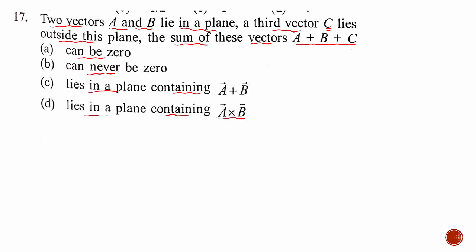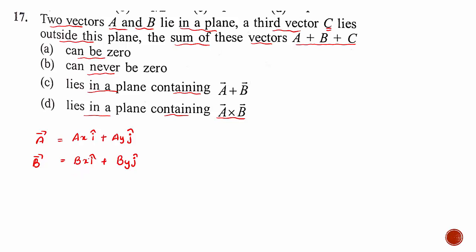So you can observe here, if I am going to take the first vector A, it is represented as Ax i cap plus Ay j cap. It is lying in the plane, two-dimensional. Now, if I am going to consider the second vector B, I can represent it as Bx i cap plus By j cap.